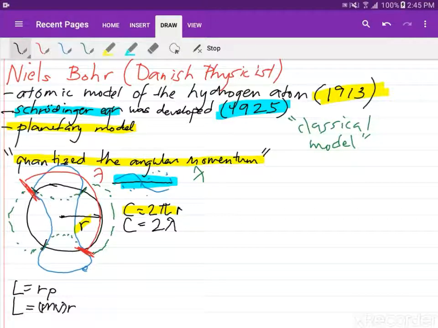Okay, so if we increase the number of wavelengths, we can generalize the relationship of circumference with respect to wavelength to be n times lambda. In this case, n equals 2 because there would be two wavelengths associated in this model in this circumference.